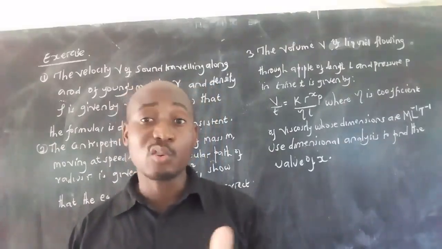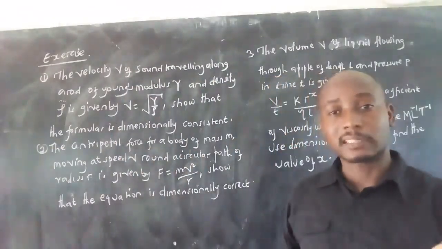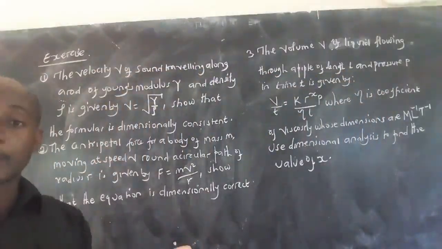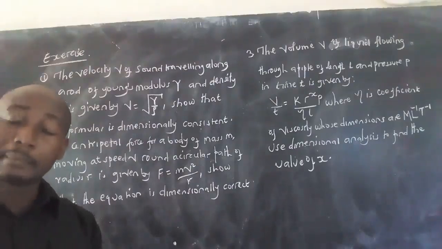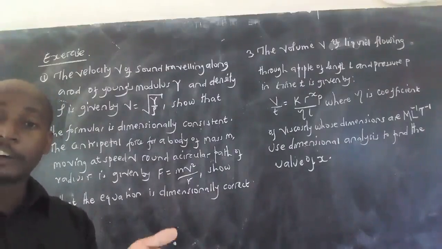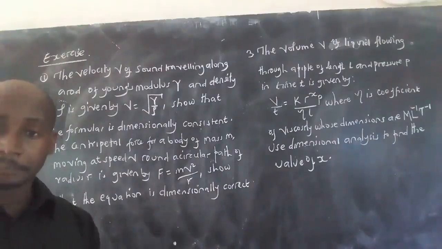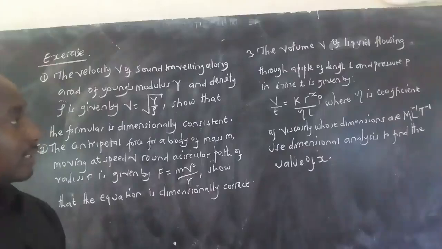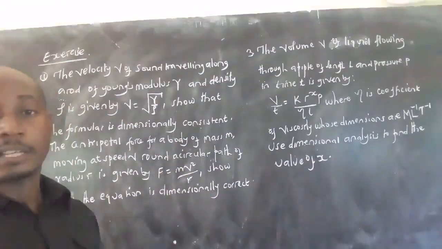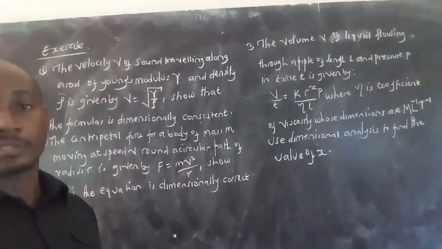Or you can also use it for deriving equations. Equations can be derived using the method of dimensional analysis, so that the variables can be related. Is that okay? So this is brief about dimensional analysis and the physical quantities. Is that okay?